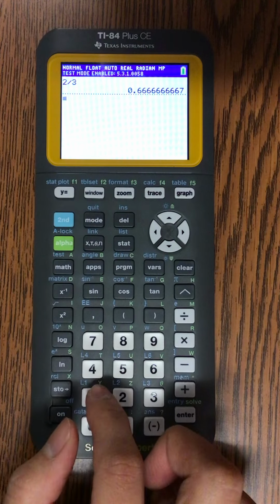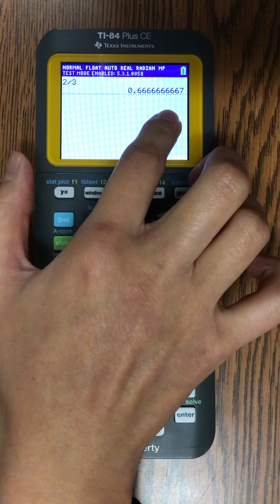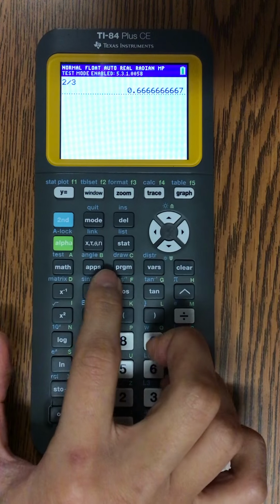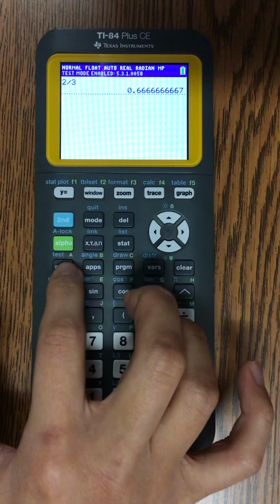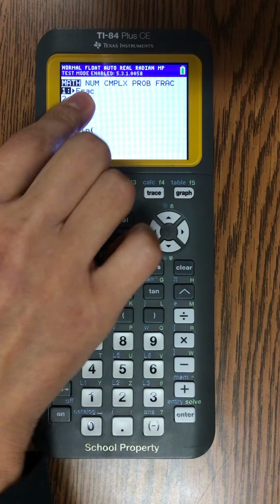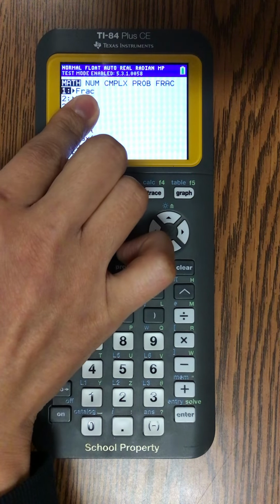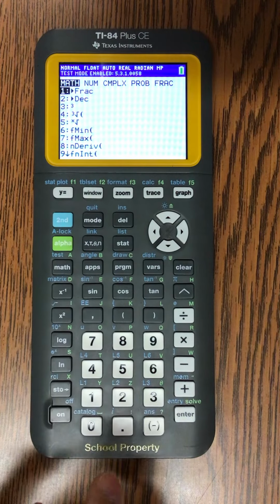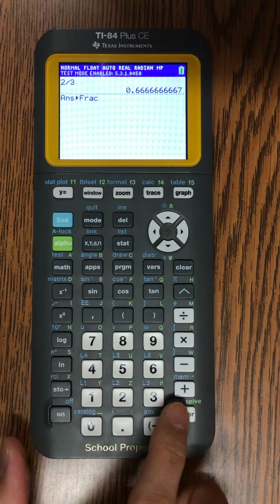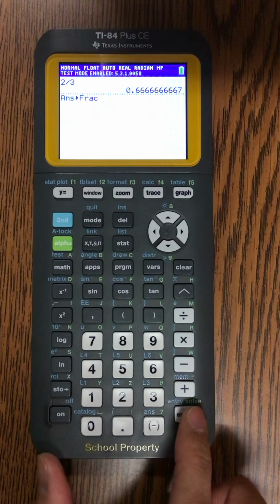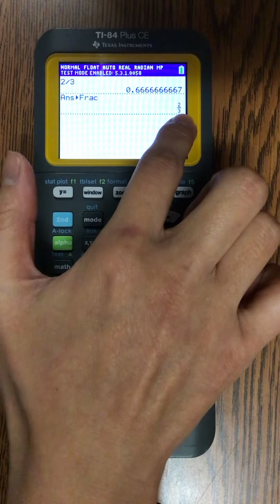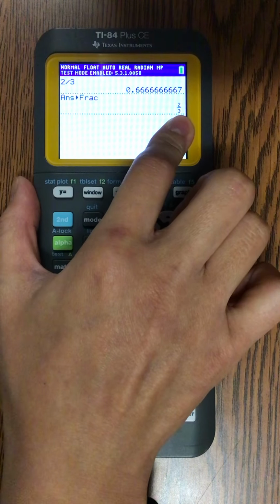And then let's say you got a decimal and you would like to convert it back to a fraction. Once you got your answer, you're going to press the math button, and then the first option gives you Frac, which stands for fraction. Once you press 1, you'll see that it says Ans, arrow, Frac, and then if you press enter again, notice how it says 2/3, so we got our fraction.